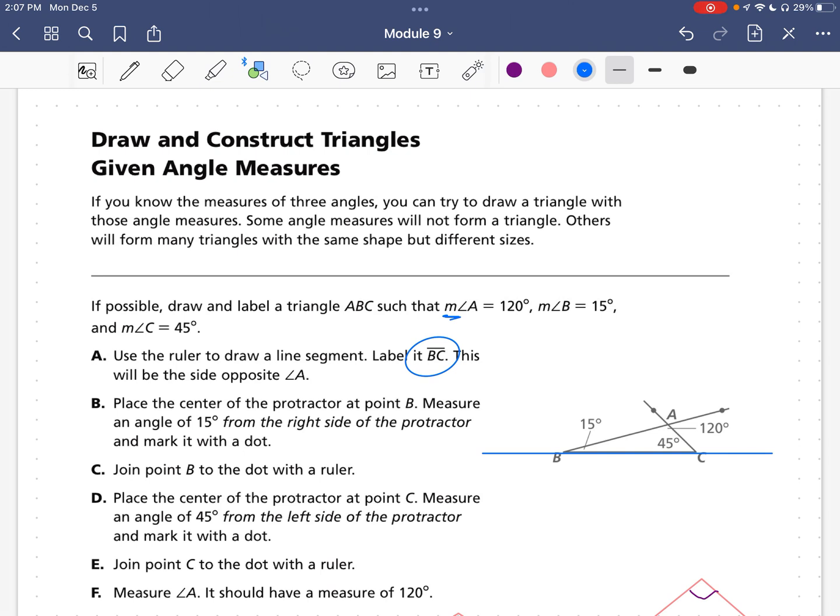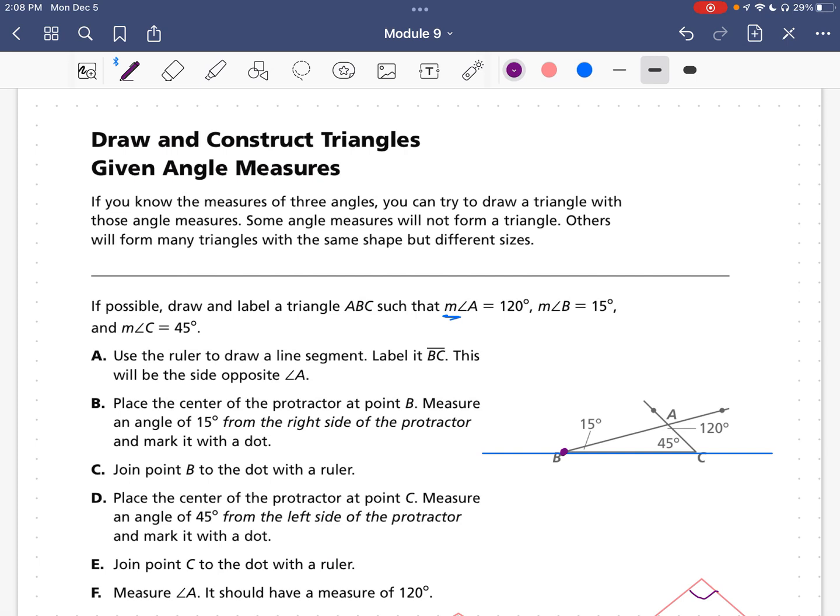Then you're going to place your protractor at point B. So with your protractor anywhere on your line, you have that bottom part of your protractor where it has the T, that's where you want to place right where it crosses. And that could be anywhere on your line.